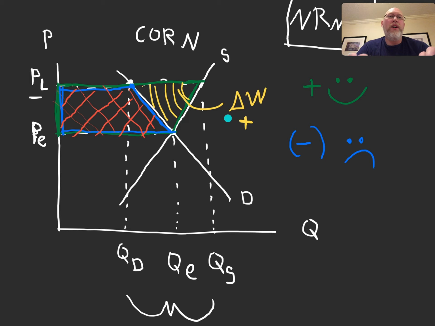We could take the overlapping, the red area, and just take that away from the corn growers and give it away to the corn users, and the corn growers will still have the yellow area. They'll still have a step forward in a positive direction. So we could use the compensation principle to argue that this policy is a net gain to our society, that the change in welfare is positive because of the change that we've made.